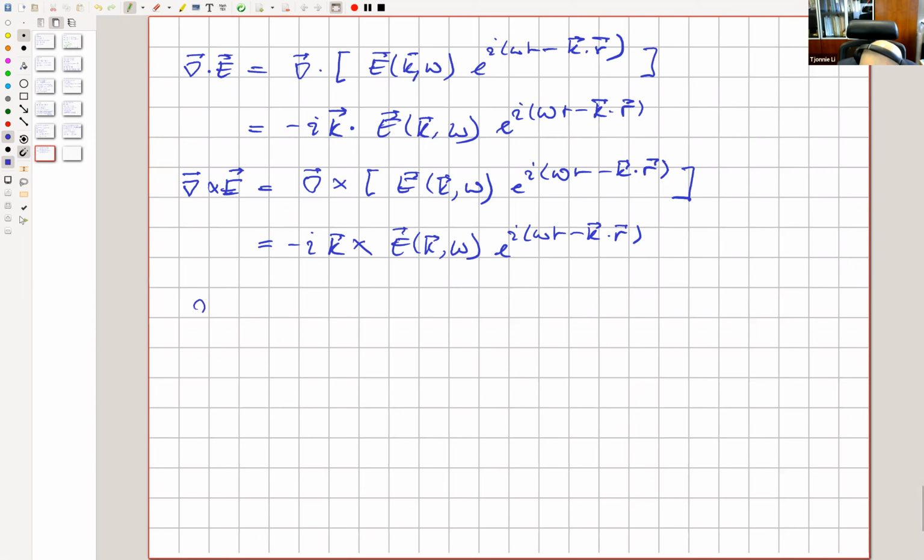Finally, the partial derivative with respect to t of E is just the partial derivative of E(ω) e^{i(ωt − ...)}.